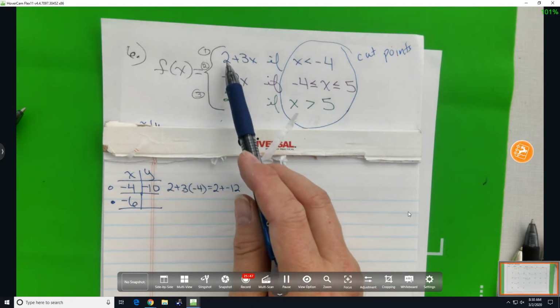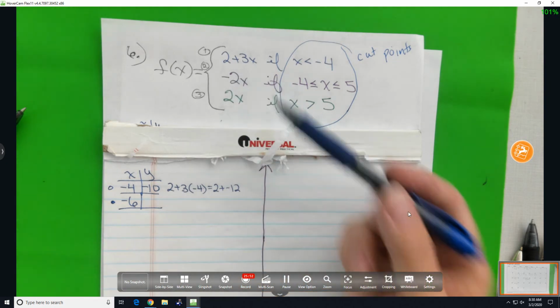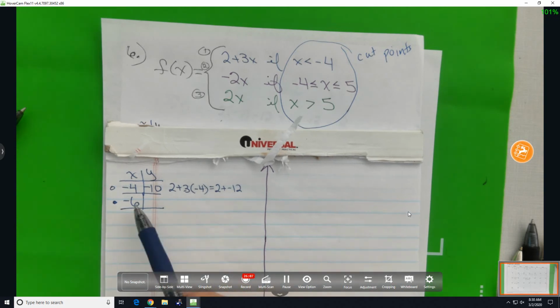We'll have a 2 plus 1, 2, 3, 4, 5, 6, 7, 8, 9, 10, 11, 12, 13, 14. I'm not going to have enough room, am I? What are y'all getting when you plug in negative 6 into the blue piece?